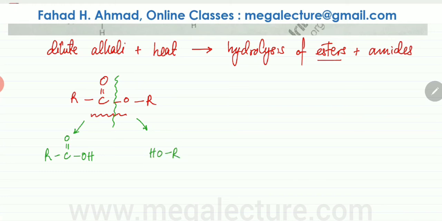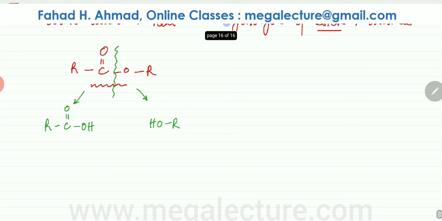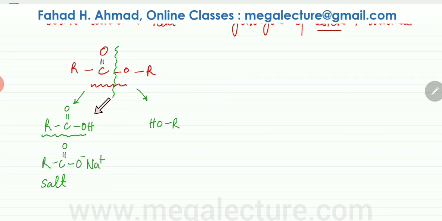And since the conditions are alkaline, remember under alkaline conditions, the carboxylic acid further would react with the alkali to produce a salt. The carboxylic acid would change into RCOO-, and Na+ would substitute it. So instead, you're going to get a salt of the carboxylic acid because the conditions are alkaline. You're using NaOH, and NaOH would react with this carboxylic acid.